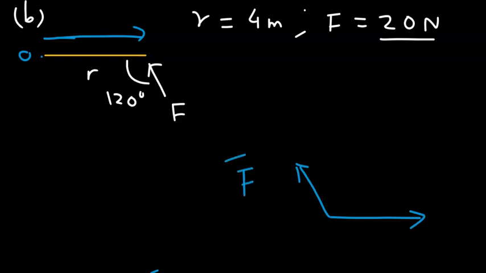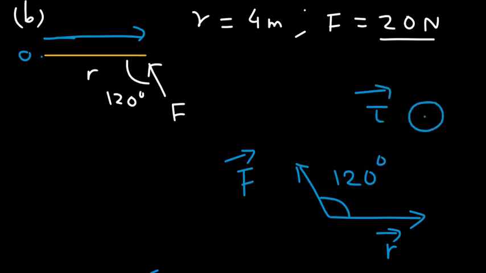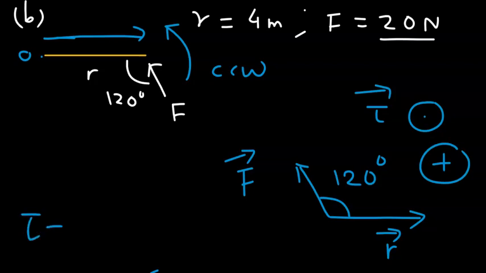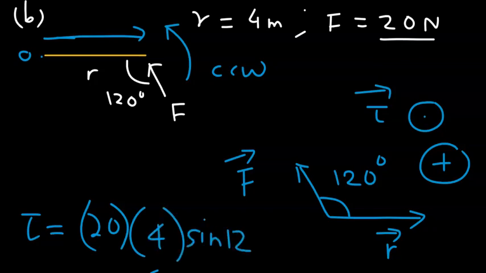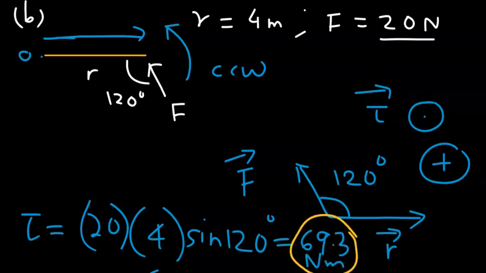So that is the force, that is the position vector, and the angle between them is 120 degrees. So the right hand rule will again give you the torque direction as out of the board, meaning it is rotating the rod in a counterclockwise manner, which means it has a positive sign, and the magnitude of the torque is given by 20 times 4 times sine 120, and that's going to be 69.3 newton meters.